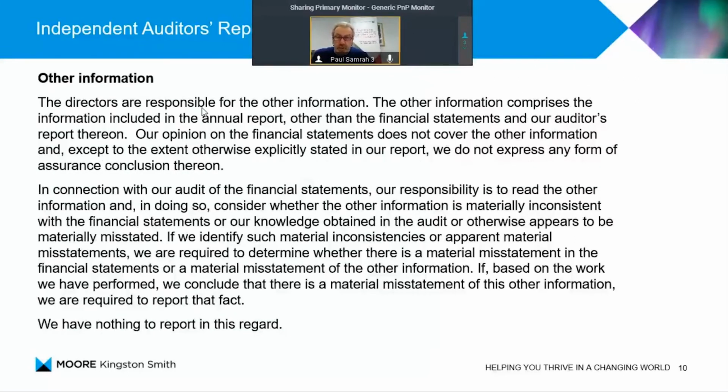And then it continues, other information on the basis of material inconsistencies or misstatements, as I touched on earlier. We conclude that if there is a material misstatement of this other information, we are required to report that fact. And in this case, we have nothing to report in this regard. So it's leaning towards what's called a clean audit report.